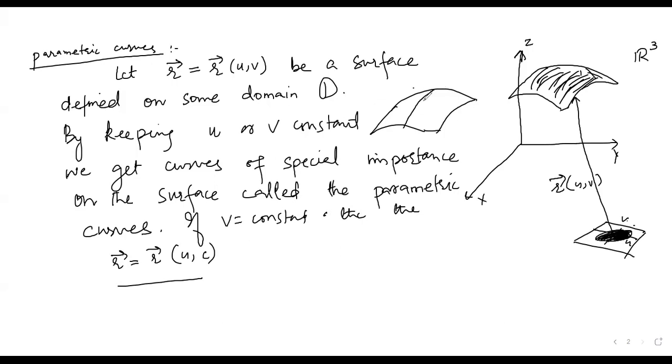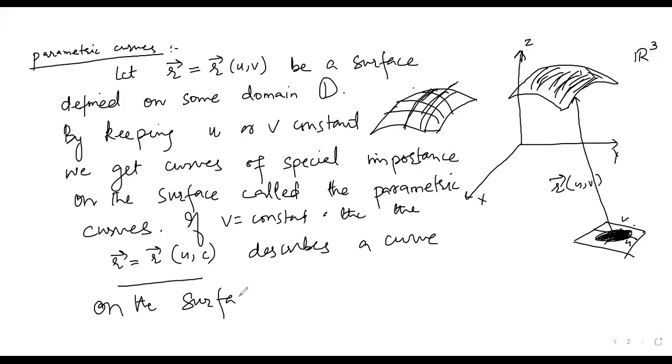So it would be something like this, a curve on the surface, and then I would have another set of curves in which u is constant. If v is constant, say the u-varying curves are these, we call them u curves. So this describes a curve on the surface called the u curve, obviously enough, because its variable is u.